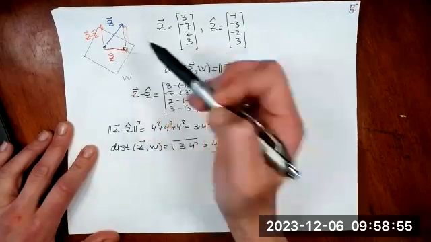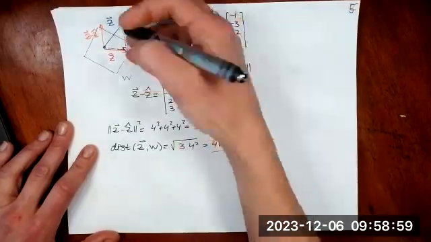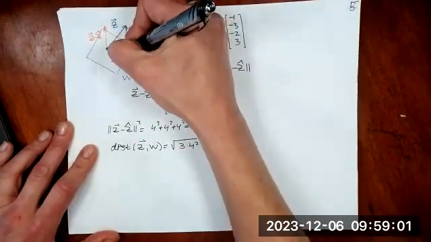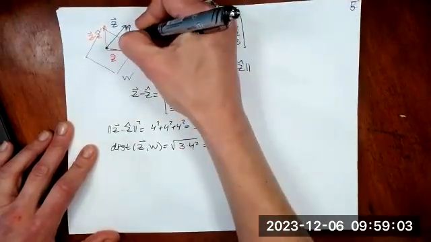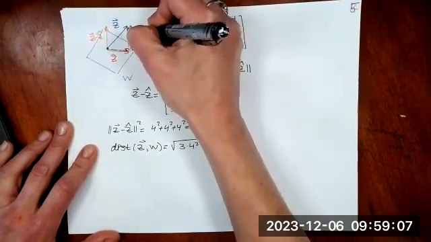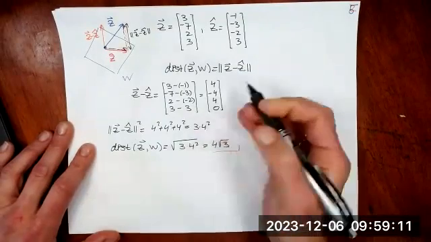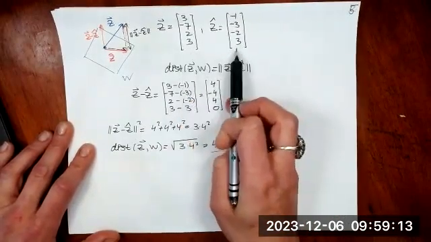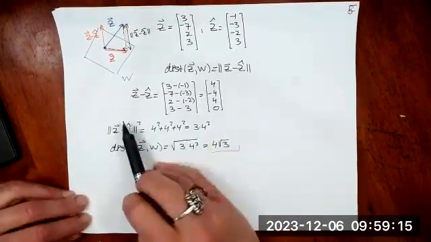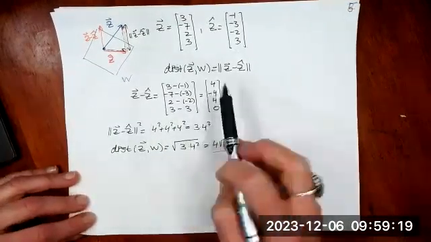So to compute the distance between vector Z and W, I'm just taking the magnitude of Z minus Z hat. Now, this is my distance. Because I already know my Z and I computed Z hat in the previous step, I can easily compute the difference of those two vectors, right?